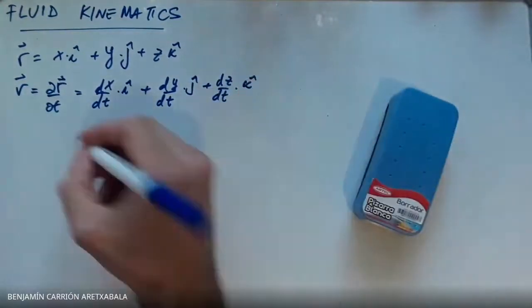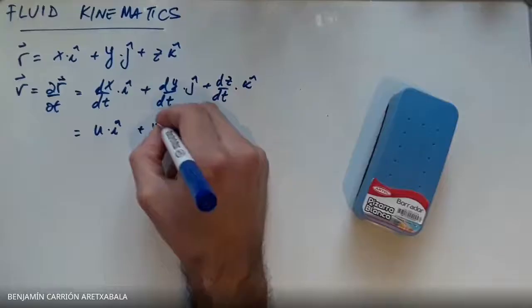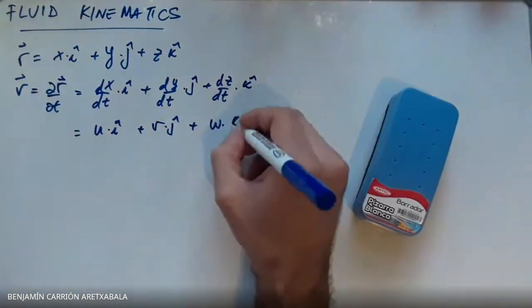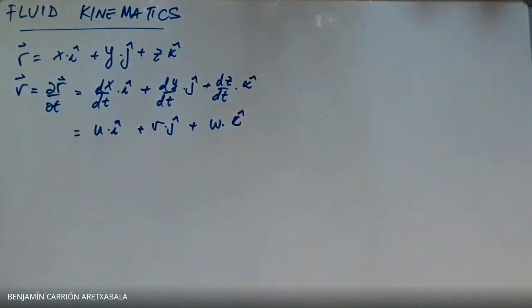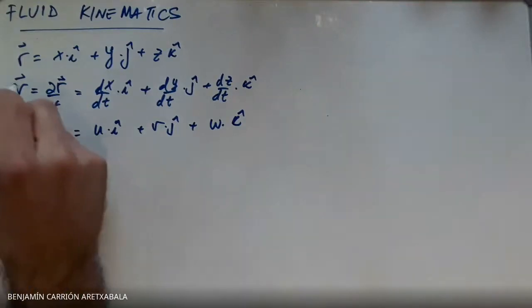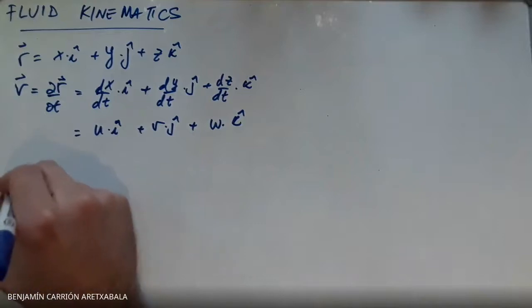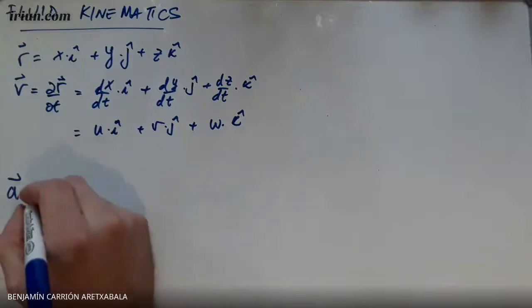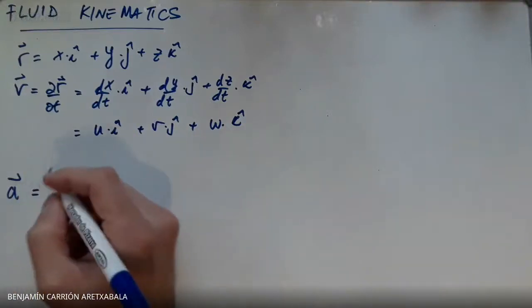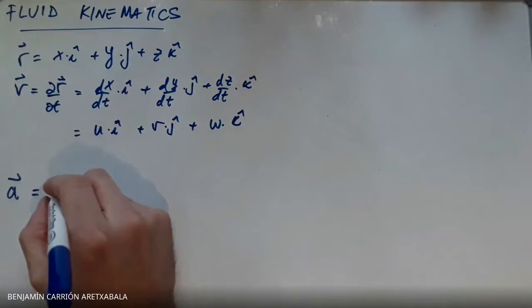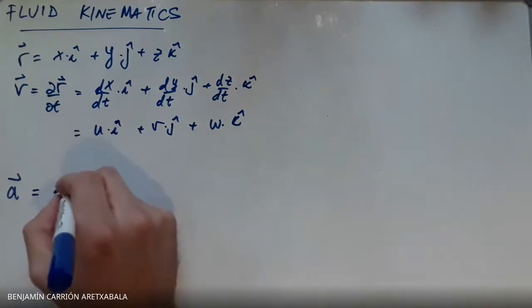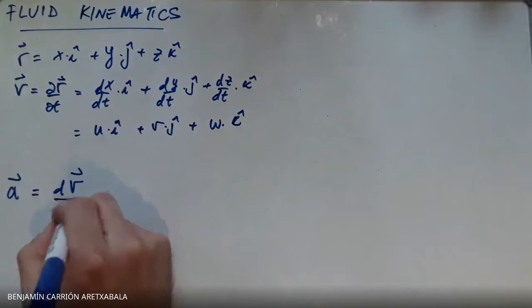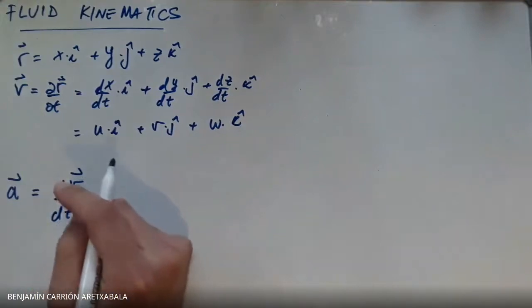And we call this u in i, v in j, and w in k, right? But if we want the acceleration, you can imagine the acceleration is also going to be a vector, and that's going to be the derivative of v with respect to time, right?